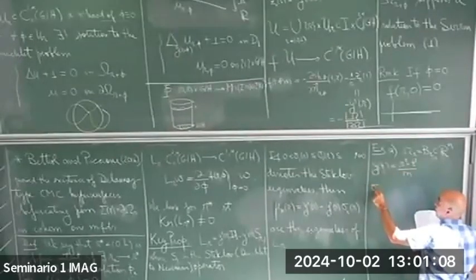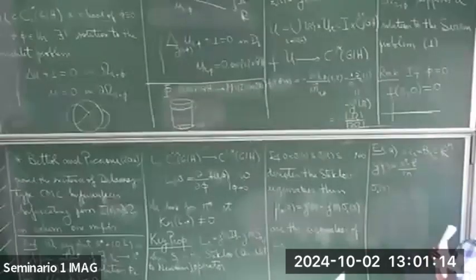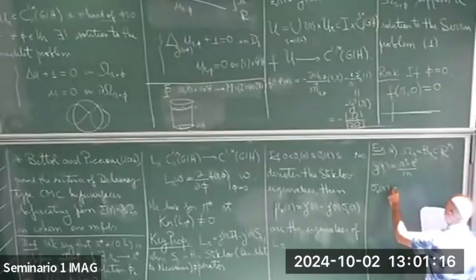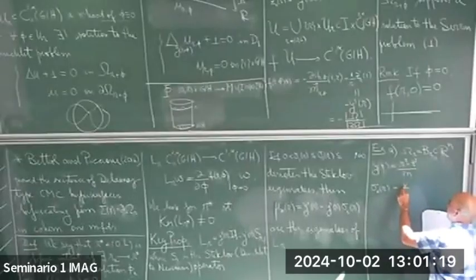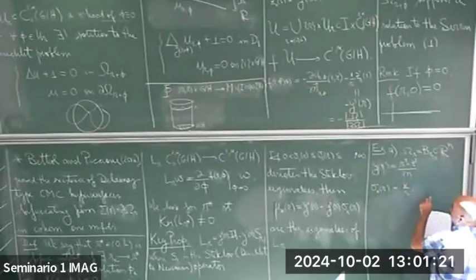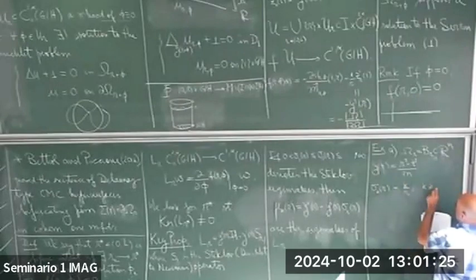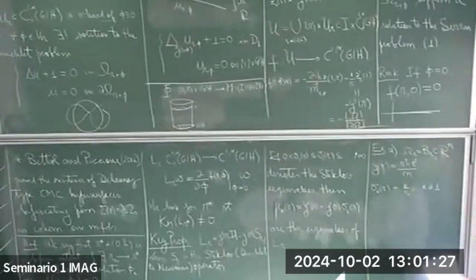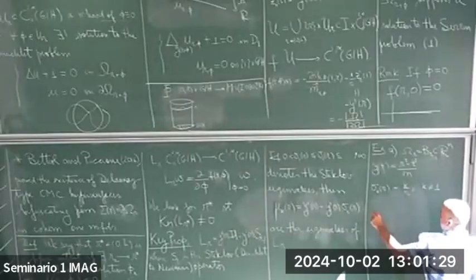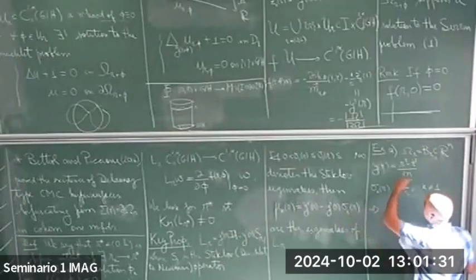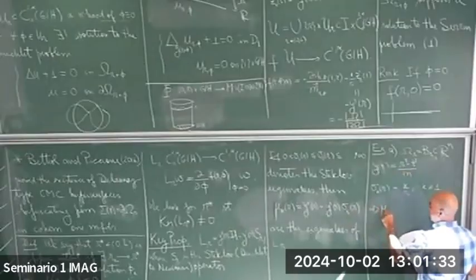So the Steklov eigenvalues of the ball, the sphere, as you wish, are given by, as I said, k, and then you can put in this formula and get this.